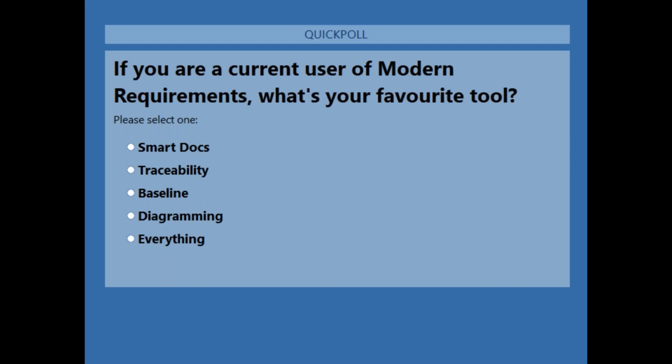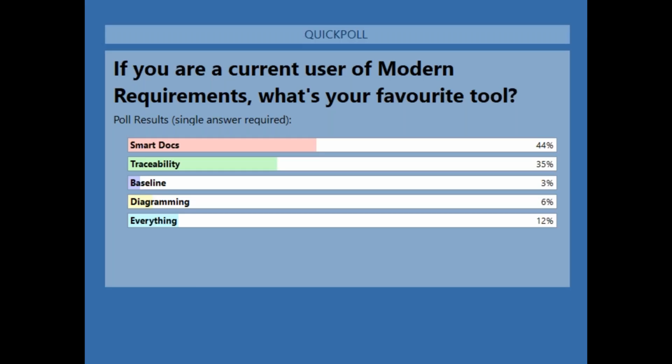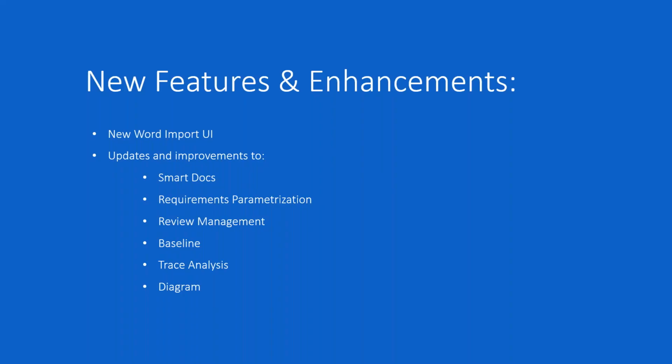Okay, numbers are still going up. Okay, there we go. I think we have everything. So let me share results. 44% Smart Docs, 35% loves traceability, and then 12% loves everything. That's awesome. Okay, well, thanks for participating. And now I'm passing it over to Asif.